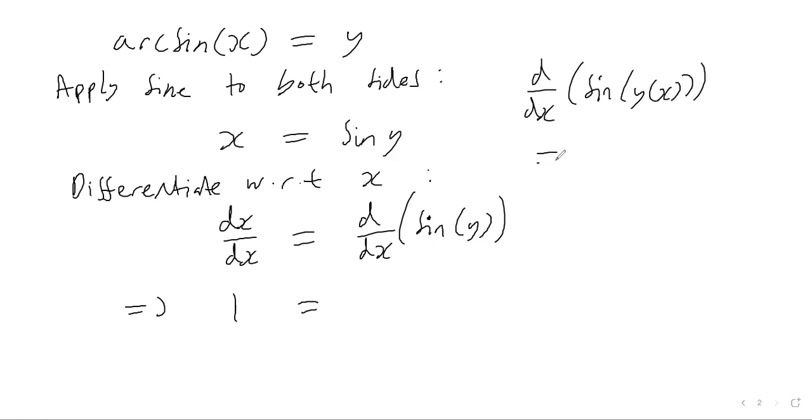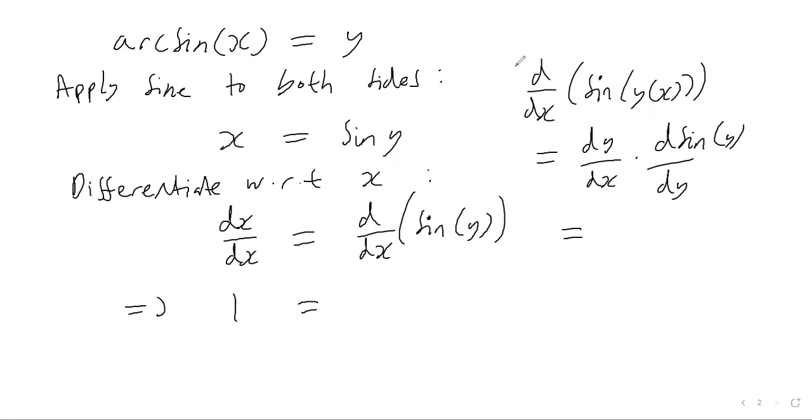So to differentiate this, using the chain rule from previous videos, we want to differentiate this y, the function inside the sine function, with respect to x, and then differentiate the sine of y with respect to y. That's just using the chain rule by definition.